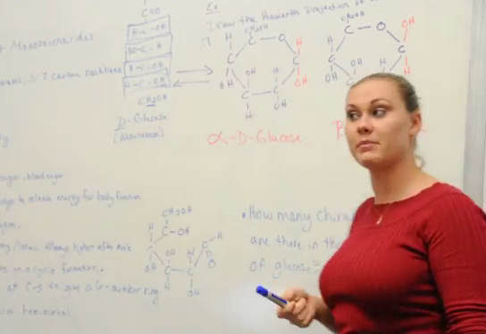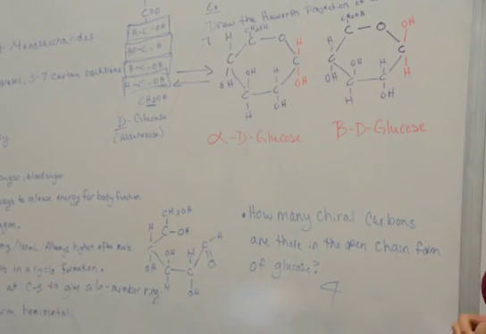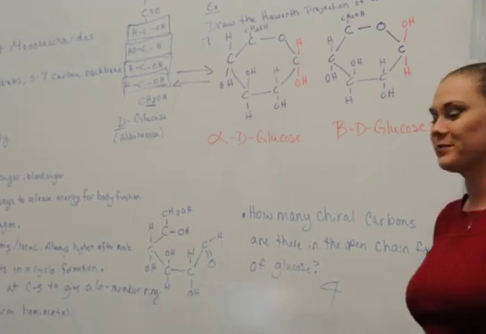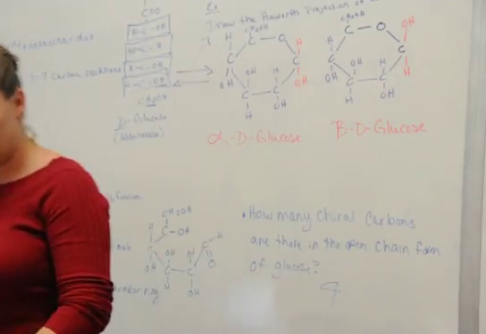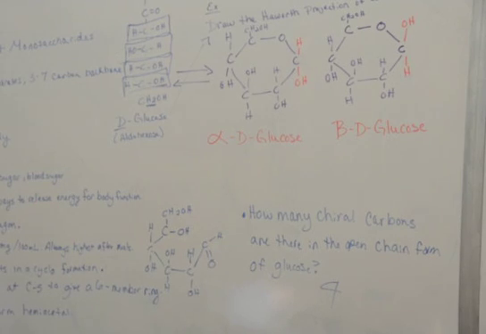So 4 is the same thing. Is that how the question will be worded on the exam? This is exactly how the question is worded on the quiz. Exactly. And I think there's also one that says how many chiral carbons are there in alpha D-glucose?